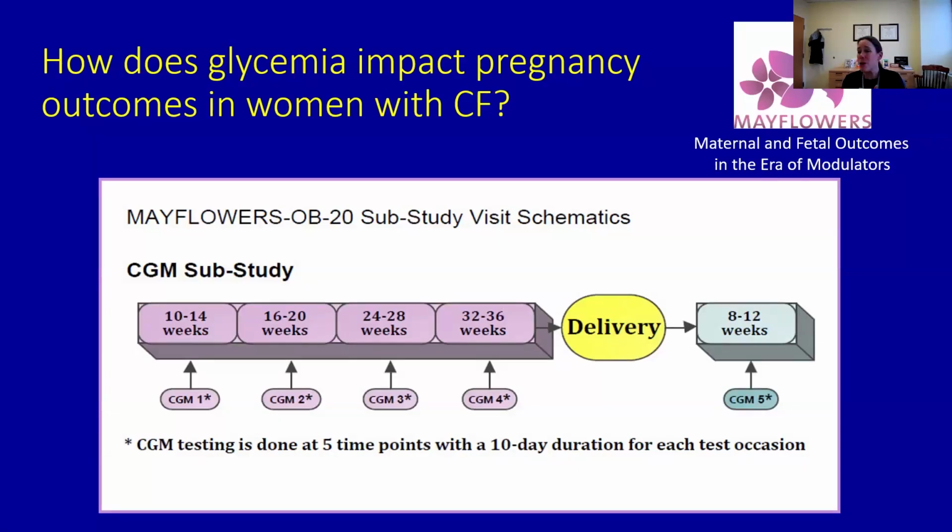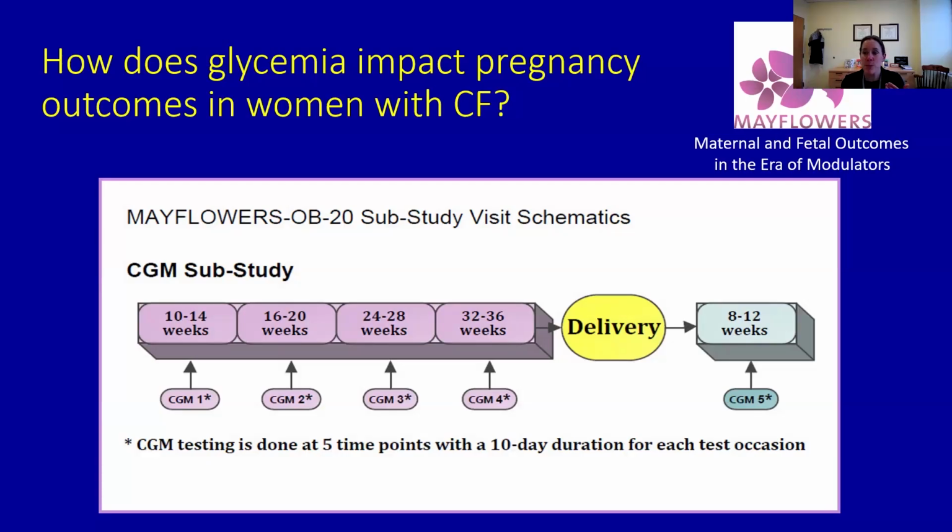But we don't know anything about diabetes in pregnancy. There are so few studies looking at this. The MAYFLOWERS study, or Maternal and Fetal Outcomes in the Era of Modulator study, funded by the CF Foundation, is an observational study enrolling women who become pregnant and following them prospectively over time and following their children after they're born.